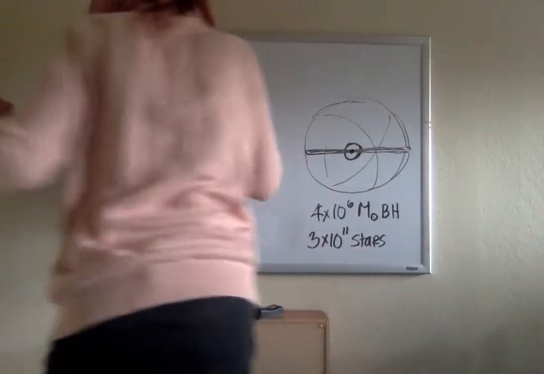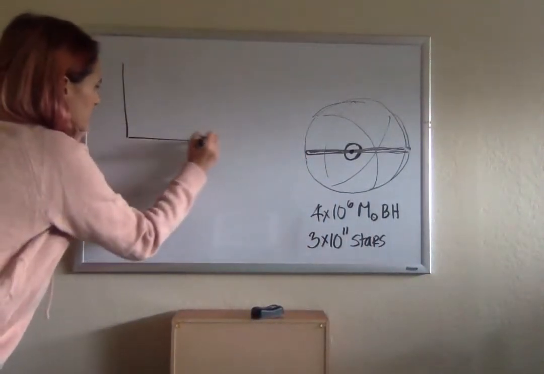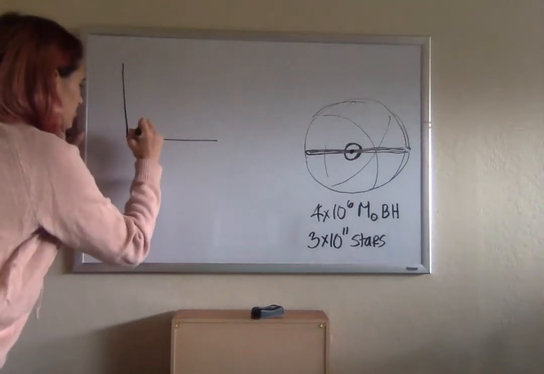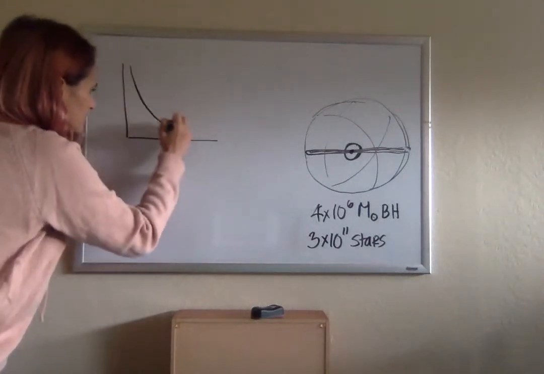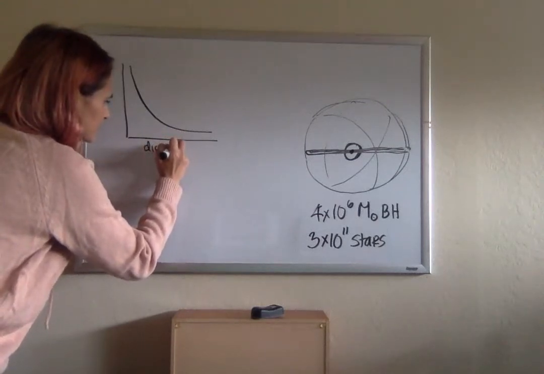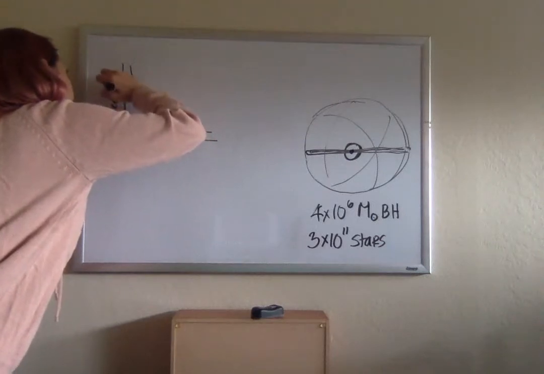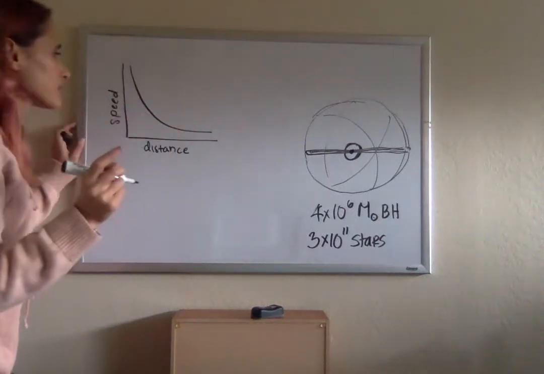And for our solar system, the rotation curve looks like this. So this is distance from the center, and this is speed, your orbital speed, how fast you're going around the center.